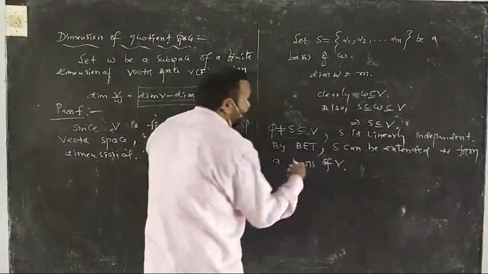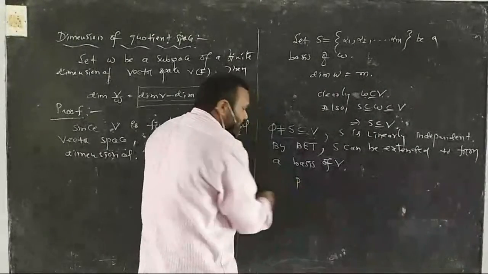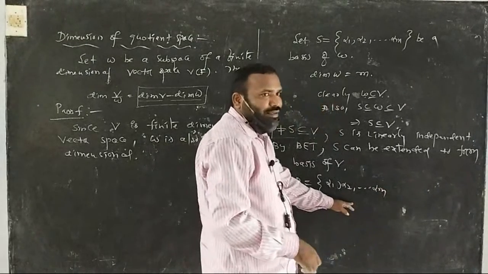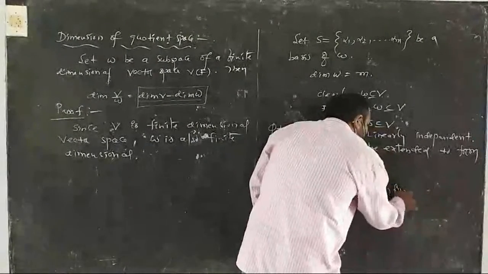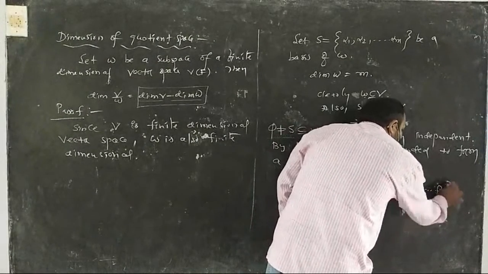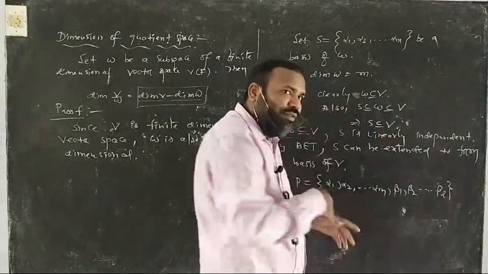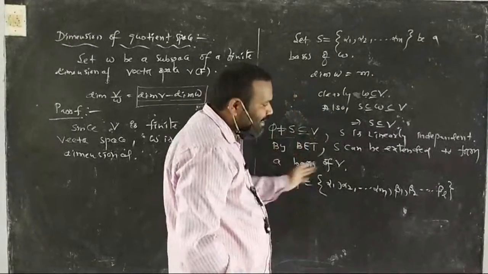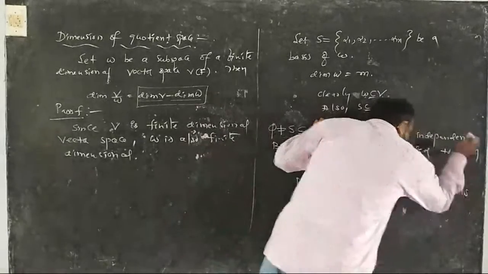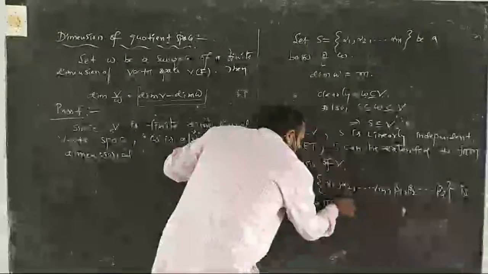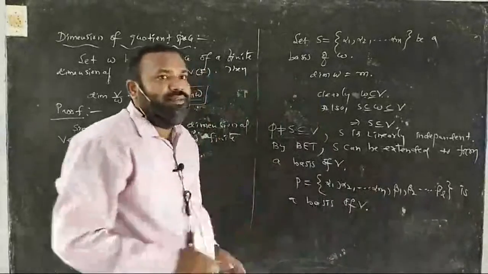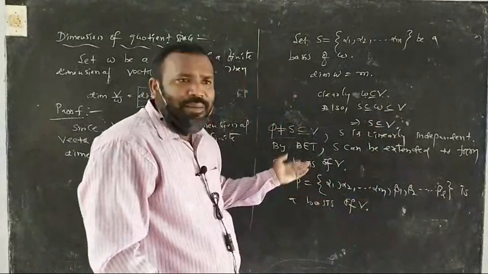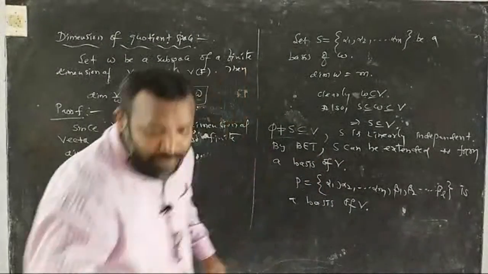That extended basis is taken as P, where P equals alpha 1, alpha 2 and so on, alpha m, which are the already existing vectors, and you add beta 1, beta 2 and so on, beta L. So L vectors are added to S. A new set is formed, taken as P. P is an extended basis of V. And V has a basis with L plus m elements.